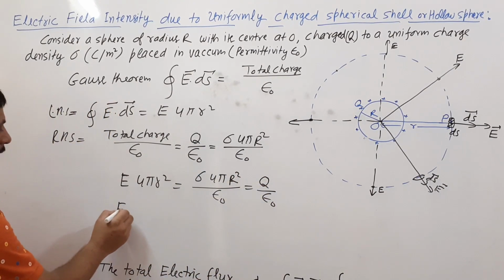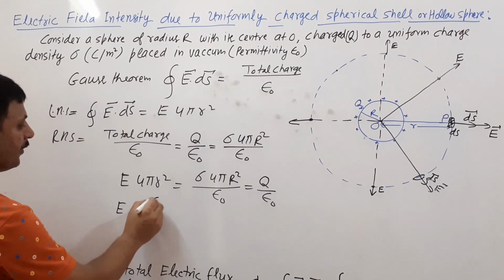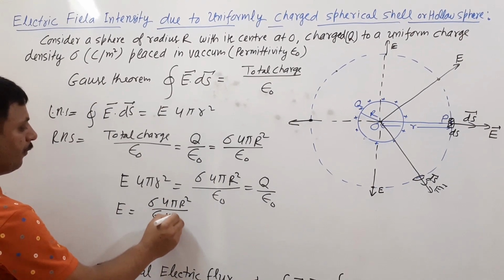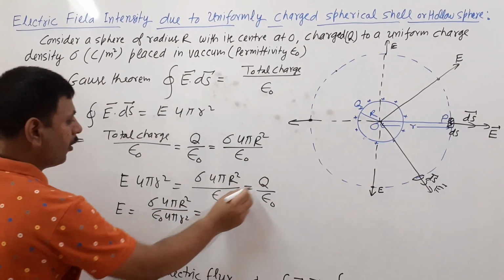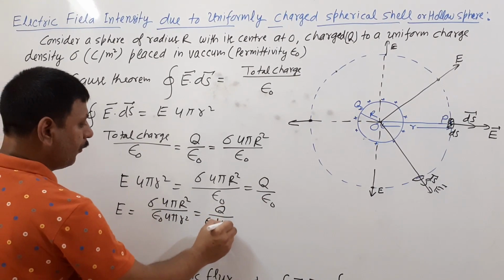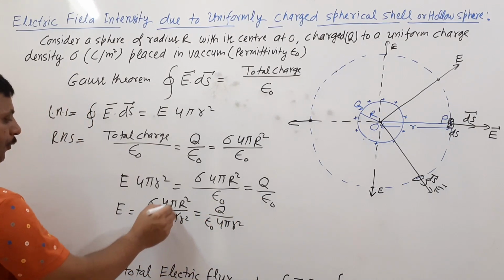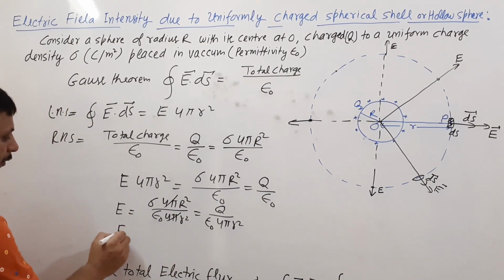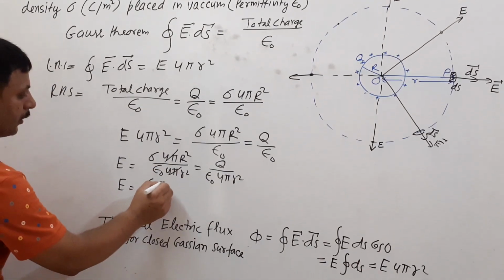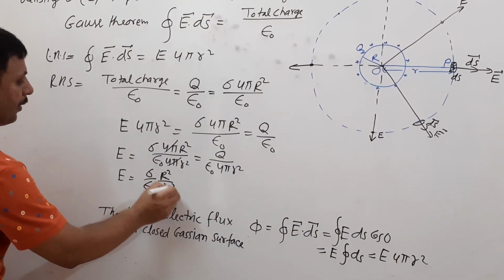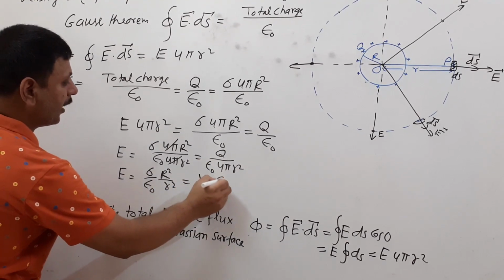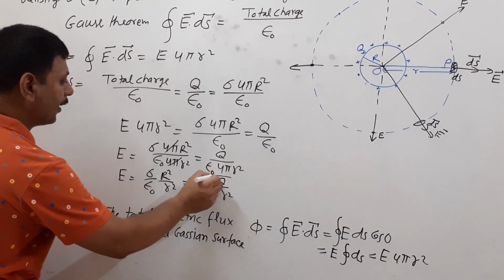So what will be E? E is equal to sigma 4 pi r square upon epsilon naught 4 pi r square, or q upon epsilon naught 4 pi r square. If you solve it, E is equal to sigma R square upon epsilon naught r square, or 1 upon 4 pi epsilon naught q upon r square.